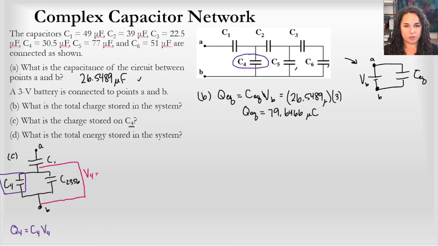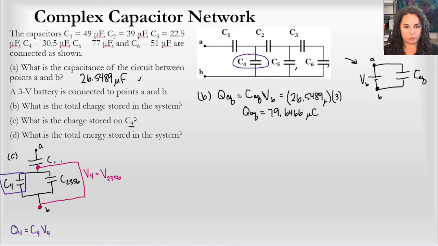That'd be the same as V2, 3, 5, 6, because they're in parallel. So if I knew the voltage drop from this point midway to point B, I would be able to find Q4. How do I find that? Oh my gosh. Well, let's see.